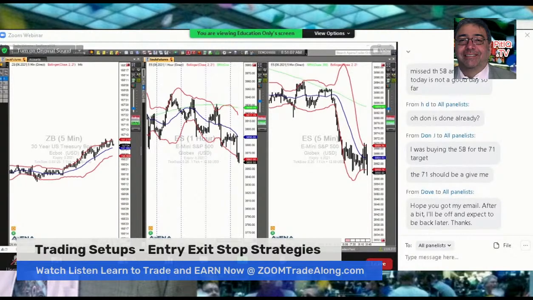As we continue to downtick here, support is at the 56 area. Trying to come down here to the 56 area. All right, got down here to the 56 area. Now let's see what it wants to do.